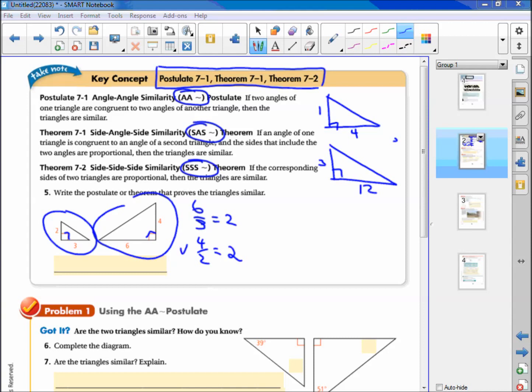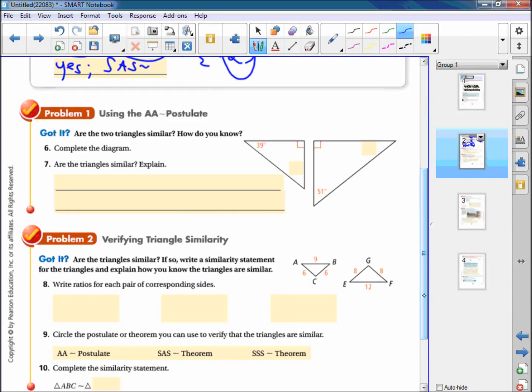And down here, this is the little side of the big triangle divided by the little side of the little triangle. And in both cases, we kept getting 2, so the sides are proportional. So this would be yes, SAS similarity, not SAS congruence.